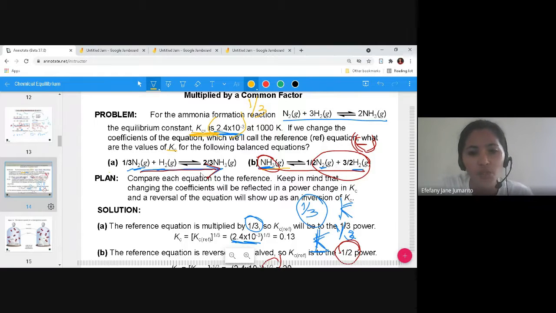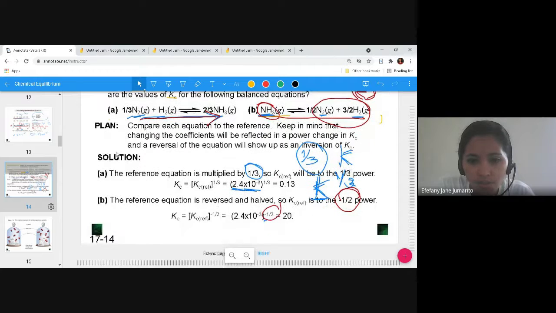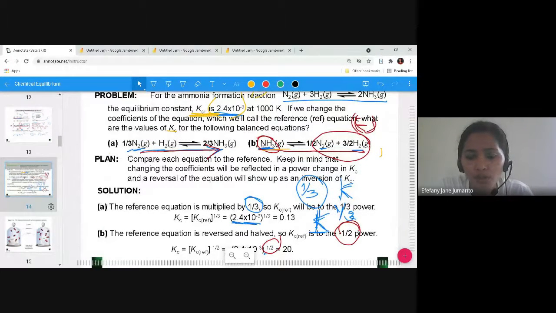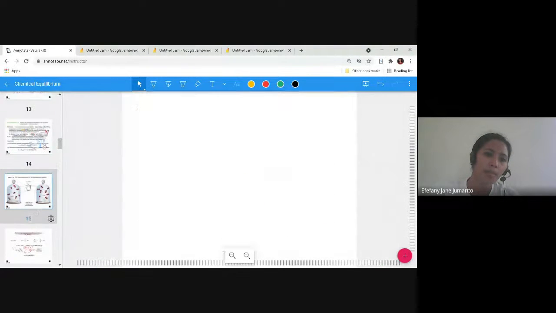So it's just a reverse of your equation A, that's why there is a negative when it is reversed. That's one. That's why it's negative, and then you also have the fraction, the coefficient, which is 1/2 here. So that's it.